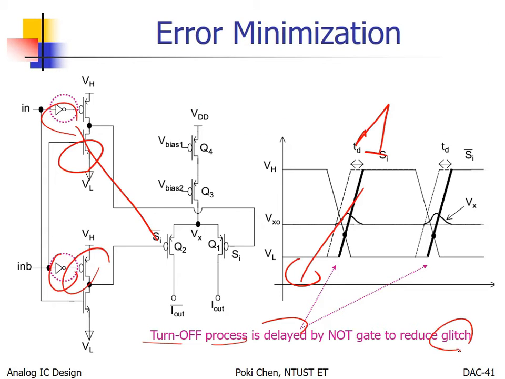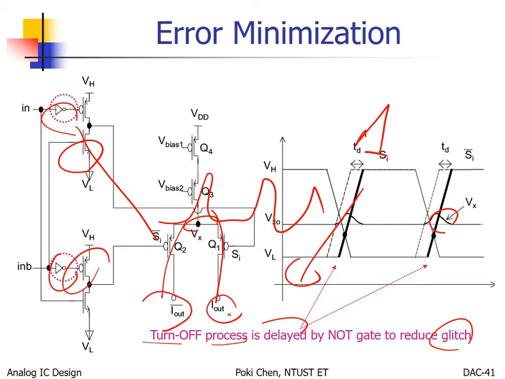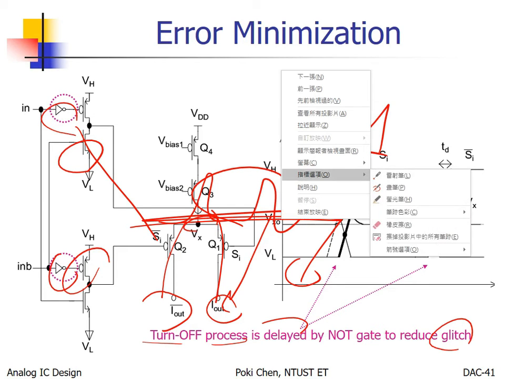To reduce the glitch. Because the repo here will be turned on here or there, will be connected to this output of that output. Got it? So it will have some kind of impact on the output. So you had better reduce it to make it as small as possible. So that is the consequence.